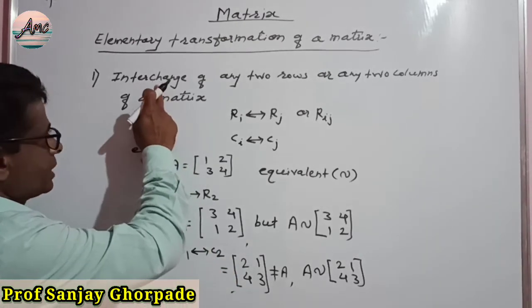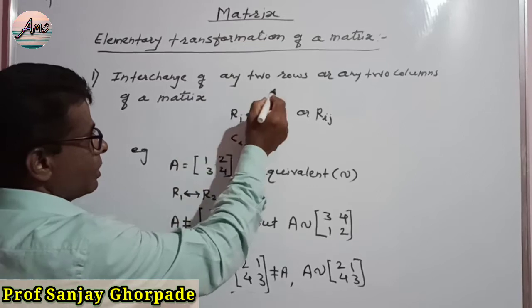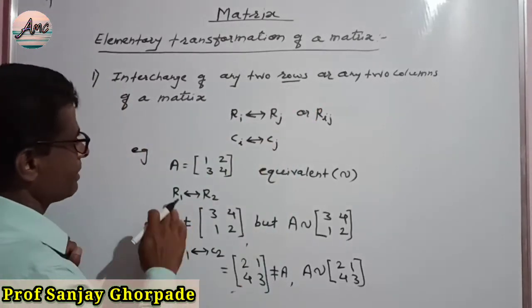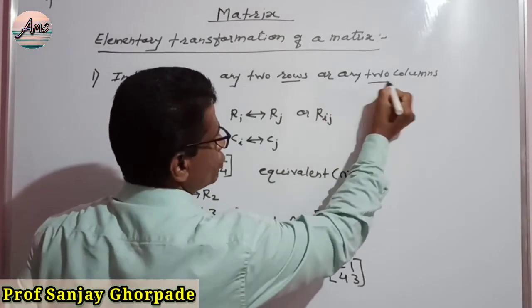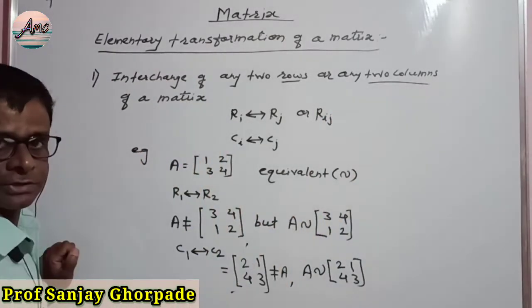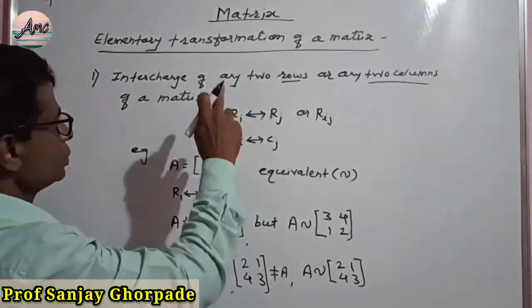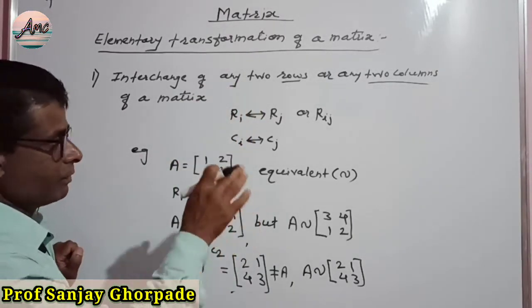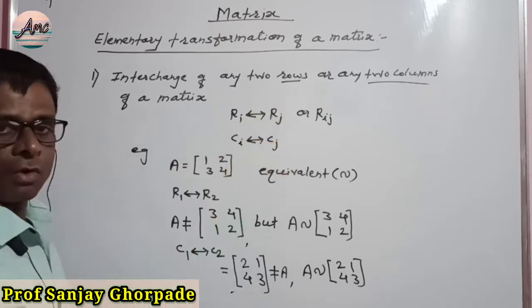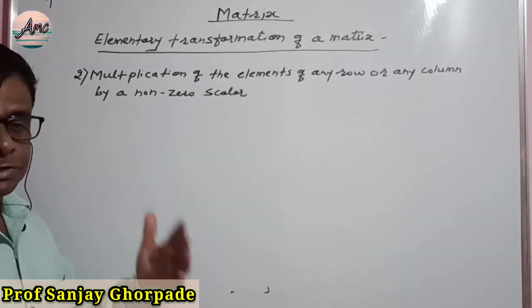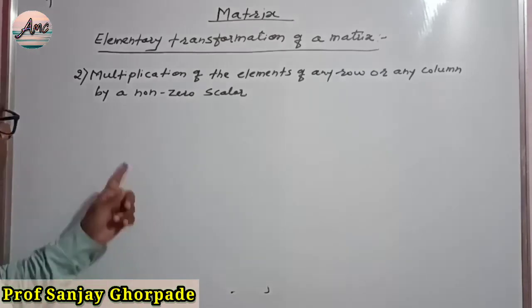So this is in case of interchanging of any two rows of a matrix or interchanging of any two columns of a matrix. So we have seen the two operations here. One is in case of row, another is in case of columns.